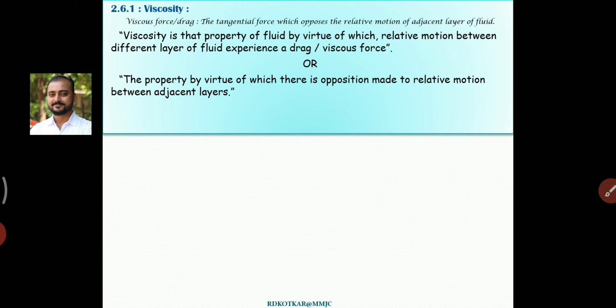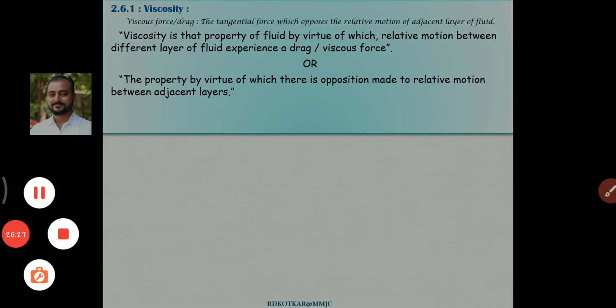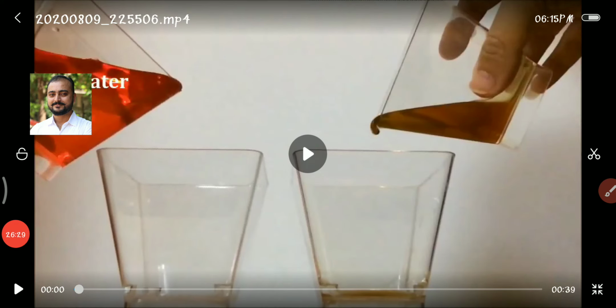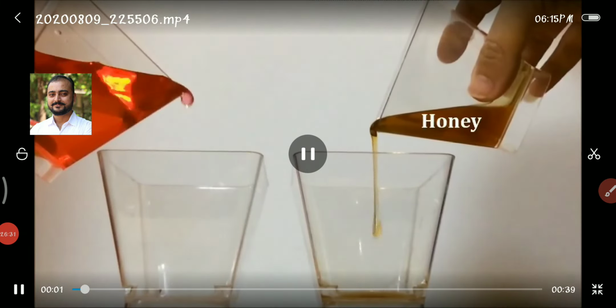As the liquid moves in the forward direction, it gets opposed, and that is viscosity. To understand this, I will show this video.